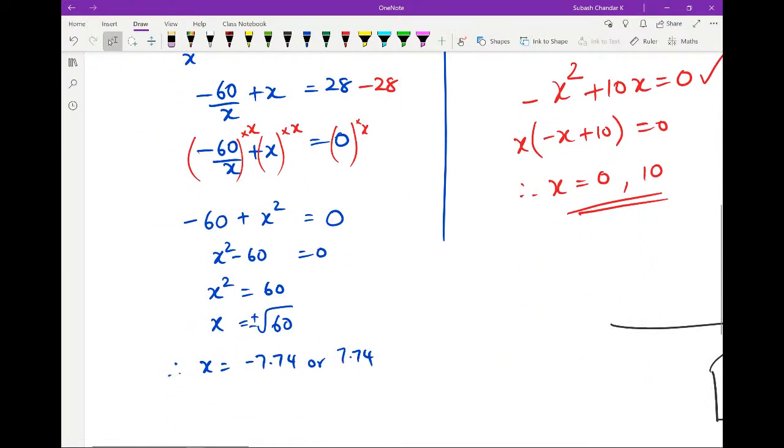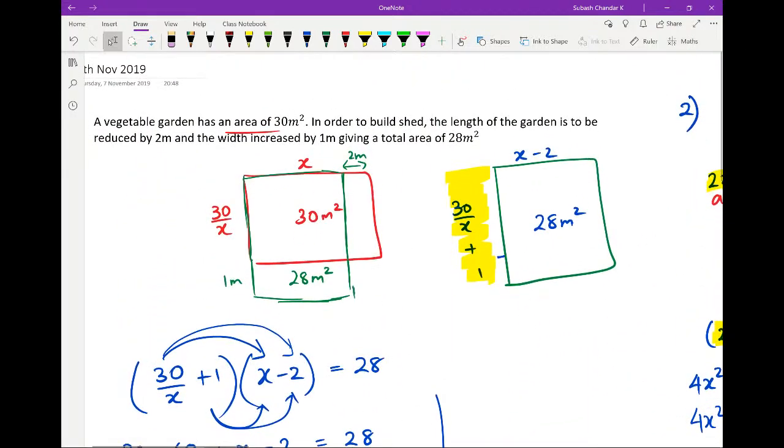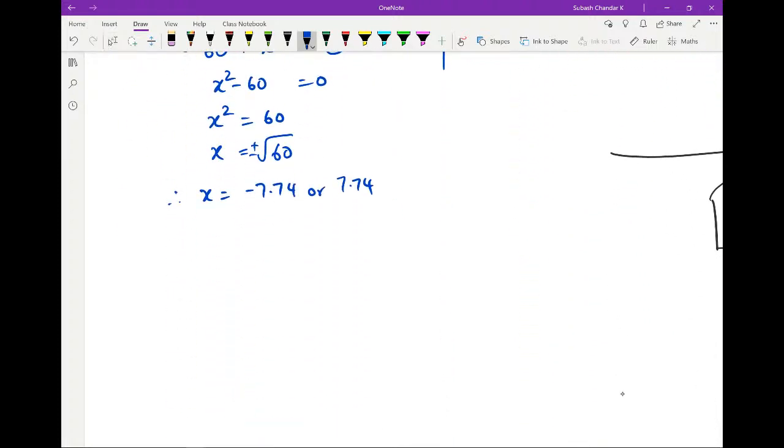We're gonna keep going down. Anyway, we've got x equals 7.74, and I think we just wanted to figure out what the dimensions of the new, sorry, I forgot that part of the question. Basically the question asks what the new dimensions are. So we've got x minus 2 and 30 over x plus 1. If you remember, this was x minus 2, and this is 30 over x plus 1.